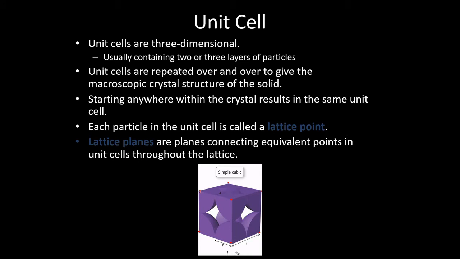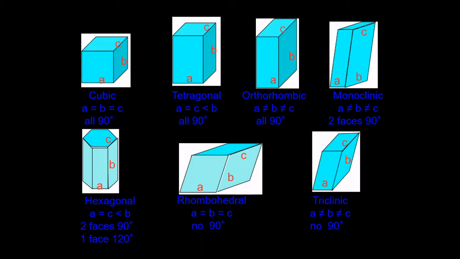Each of these corners here is a lattice point, and then each of the planes of the box is a lattice plane. And so the whole idea of this unit cell is that if you take this simple cubic unit cell as an example, and you just copy and paste it a million times and arrange them right next to each other, that will give you the actual structure of the crystal itself. So it's the simplest way of representing the crystal structure, where if you just copy what you have, it gives you the whole structure.